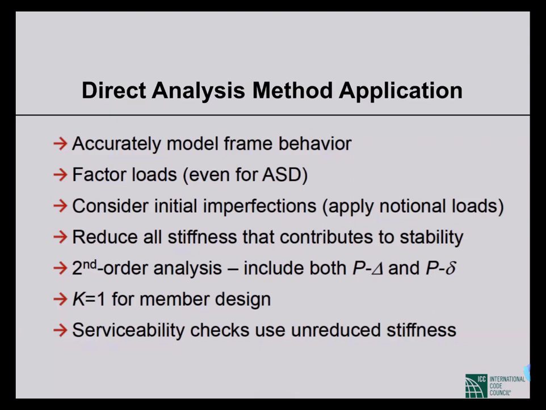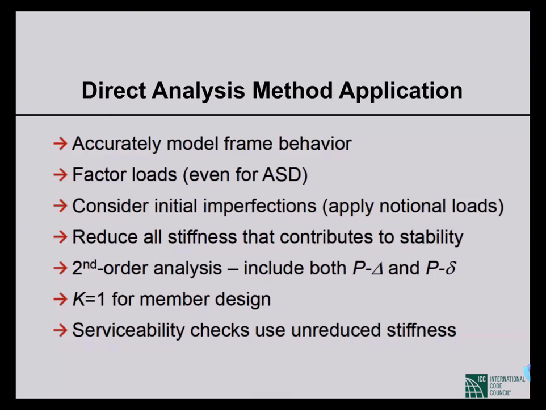Third important point is to consider initial imperfections. We can consider initial imperfections in two ways. One is while modeling our frames, we can provide some initial sway, initial drift at different levels. Very small drift.